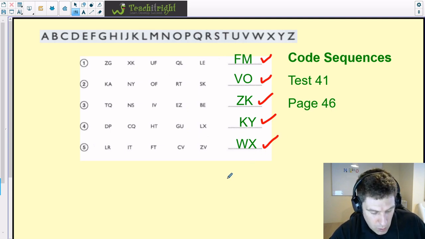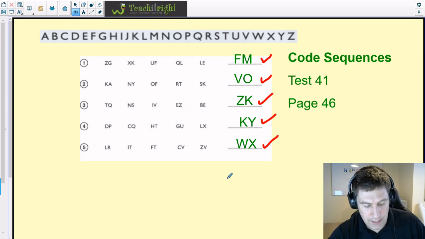So question 1. First letter was going -2, -3, -4, -5, -6. And then the second letter, actually going every other letter, -1 plus 1, -1 plus 1. Question 2, we've got VO, and the first letter was going +3, +1, +3, +1, +3. And then the second letter was every other letter, +5, and then -5.